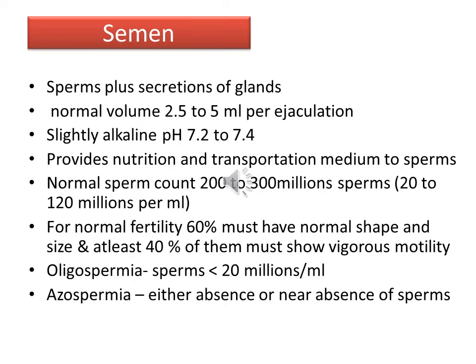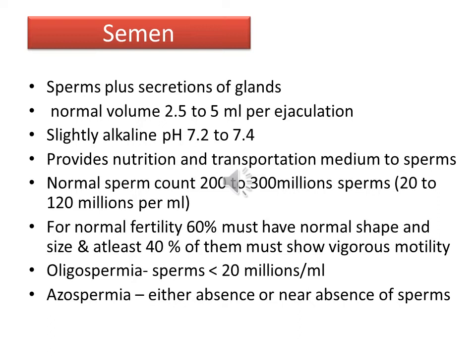The normal volume of semen is about 2.5 to 5 ml per ejaculation. It is slightly alkaline because the secretions of all these glands are alkaline. So obviously semen is also slightly alkaline. It has a pH of 7.2 to 7.4. Right? It provides nutrition as well as a transportation medium to sperm. We discussed this point before.